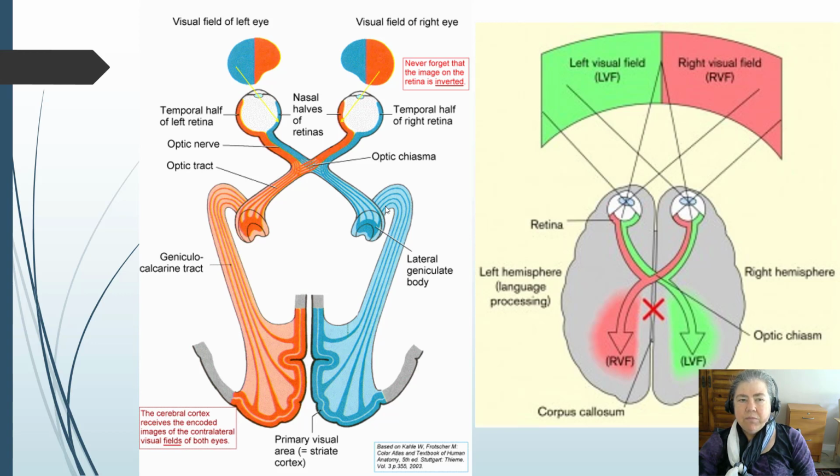You're going to lose the information from the nasal halves of the retinas. And the nasal halves of the retinas are seeing the outside visual field. And so you're only going to see the image that formed on the temporal halves of the retinas. And that's going to be what's in here, because the image is flipped and inverted.